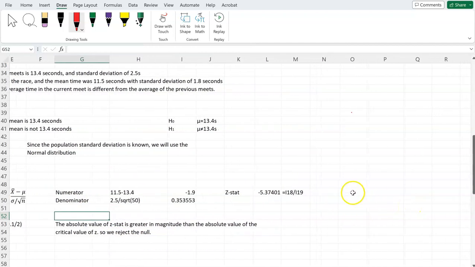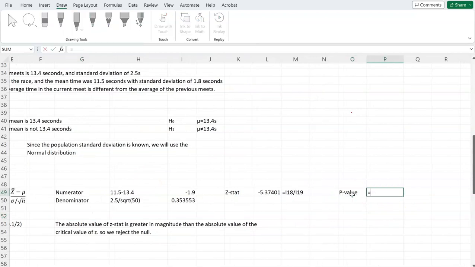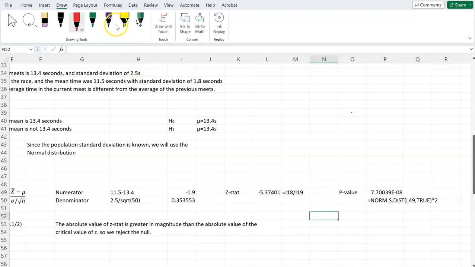And just like that, if I were to find the p-value, I would use NORM.S.DIST. Since my alpha here is 0.1, the p-value is less than alpha, which is 0.1, so we reject the null.